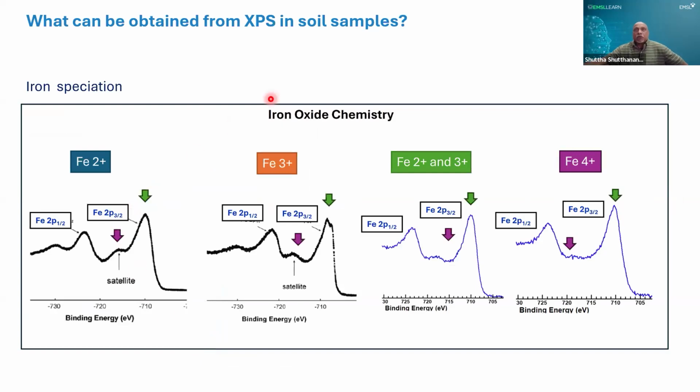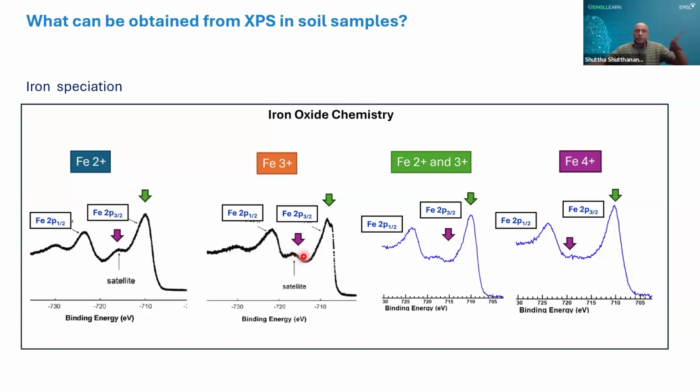In addition, we can also get iron oxide chemistry. As we all know, iron can be present in different charge states: 2+, 3+, and a combination of 2+ and 3+, like in Fe3O4, or in rare cases, it can also be 4+ in perovskite structures. So by looking at this XPS data, you can clearly see there is a big difference between each spectrum, right? Here you have a satellite coming closer to the main peak.